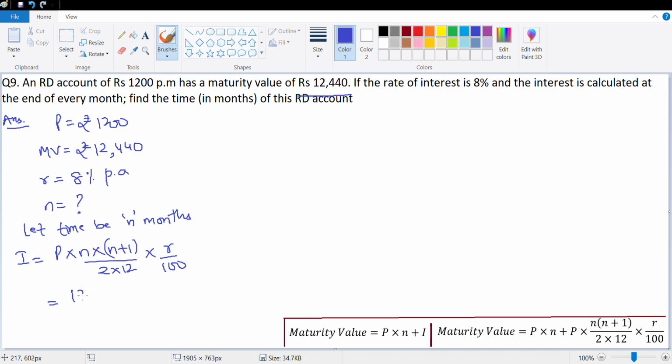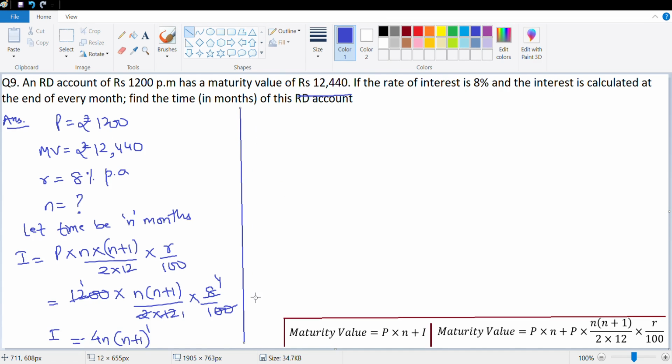So P is 1200 multiplied with n into n plus 1 upon 2 into 12 into R, that's 8 upon 100. This 0 and this 0 gets cancelled. 12 1, 12 1, 2 1, 2 4. So interest is equal to 4 times n multiplied with n plus 1.